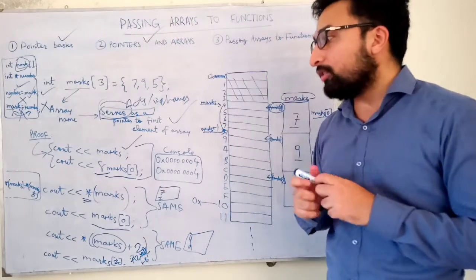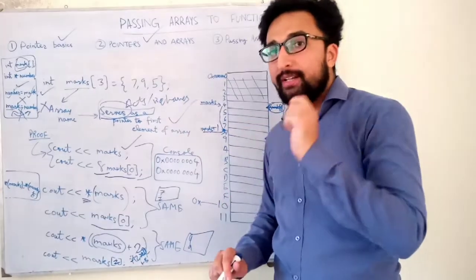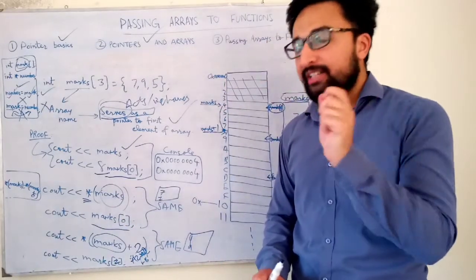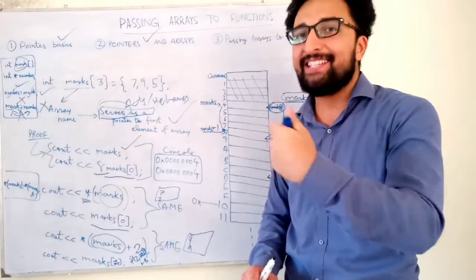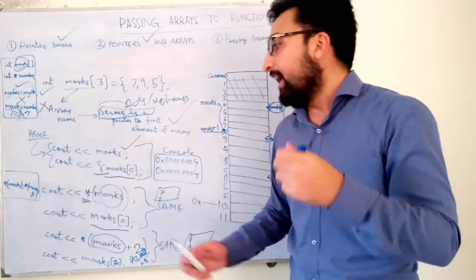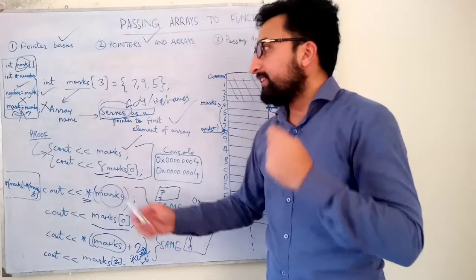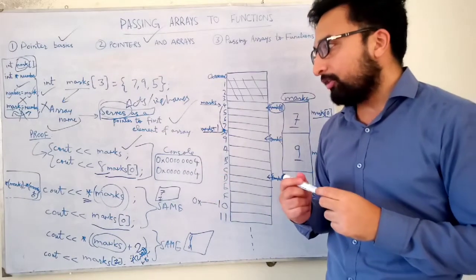Both support a lot of the same sets of operations. Here the important thing to notice is that marks was not defined as a pointer variable, as some pointer variables were defined in the past example. Marks was defined here as an array. However, array names can serve as a pointer to the first element of the array.